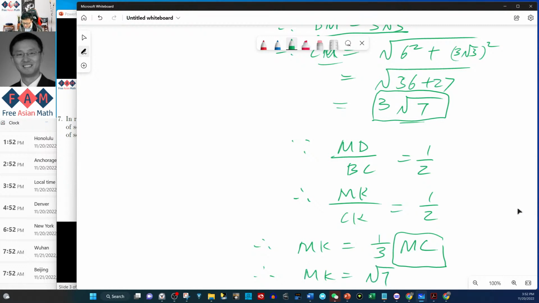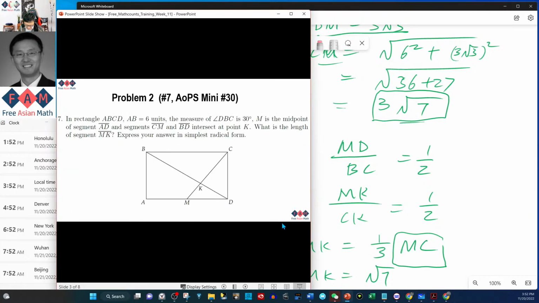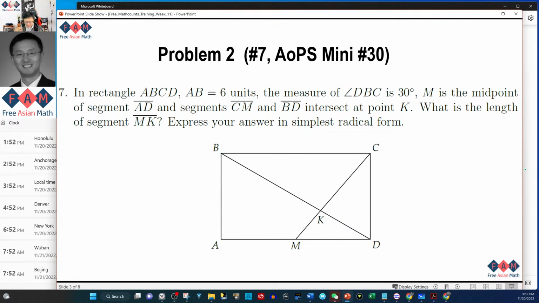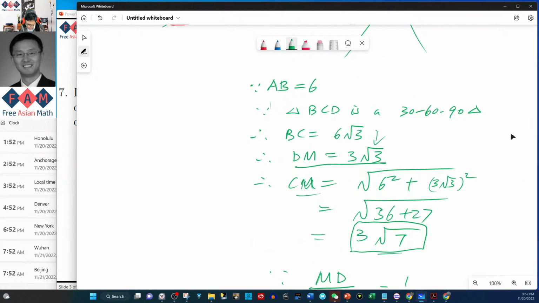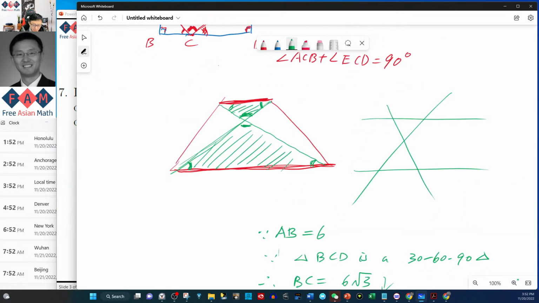Of course, this is just a simplified procedure because I skipped a few steps, but you should be able to fill that in. And the takeaway of this problem is that when you have a pair of parallel lines, you intersect the two, trisect it in a way like this, two cross, then you immediately get a pair of similar triangles right here.